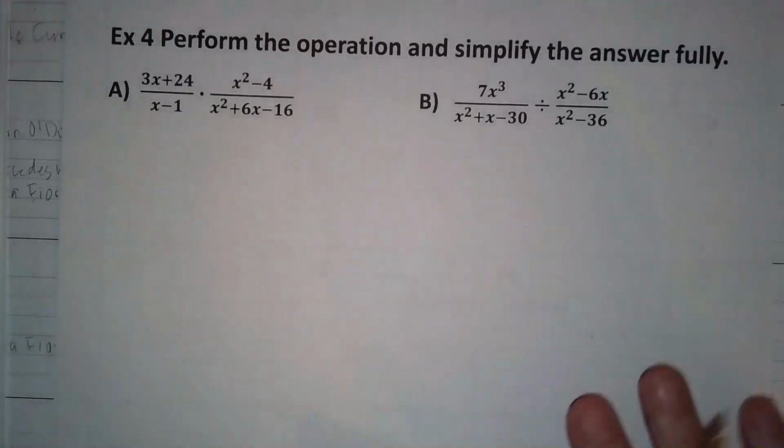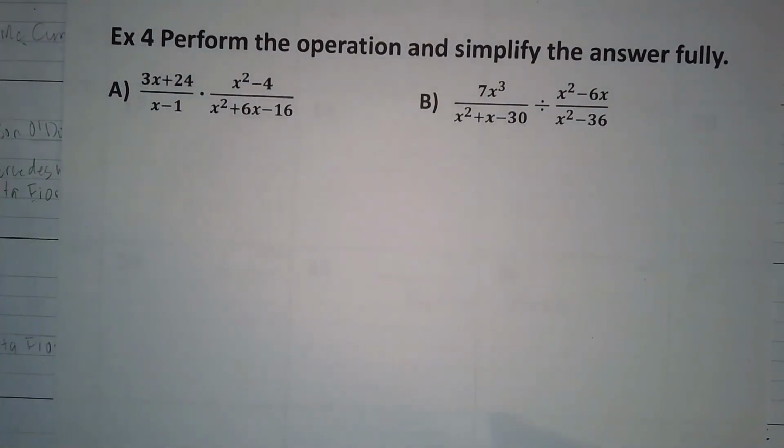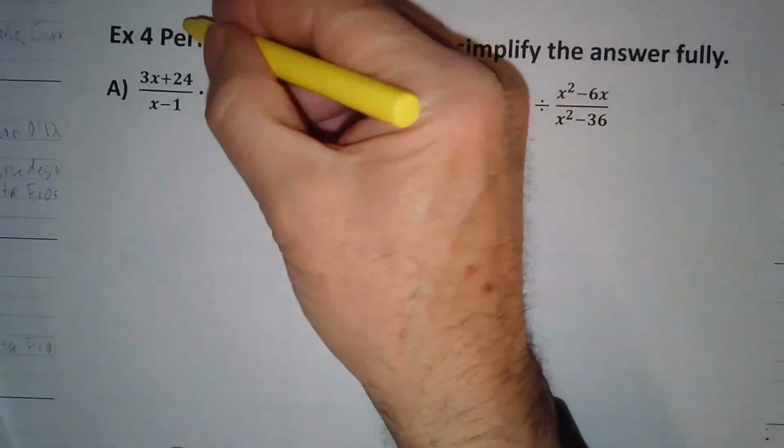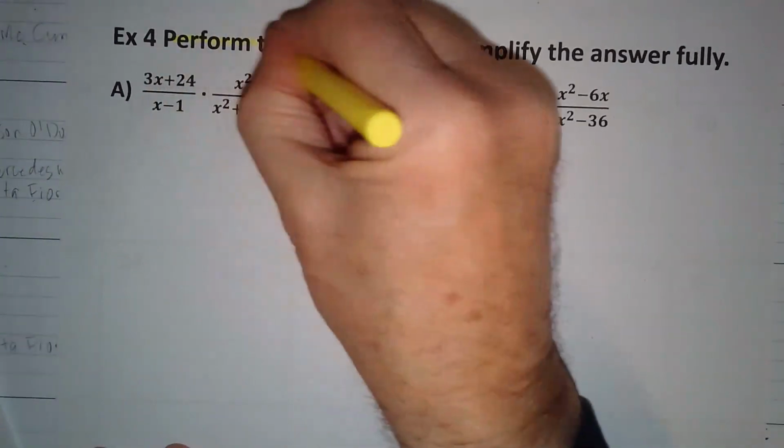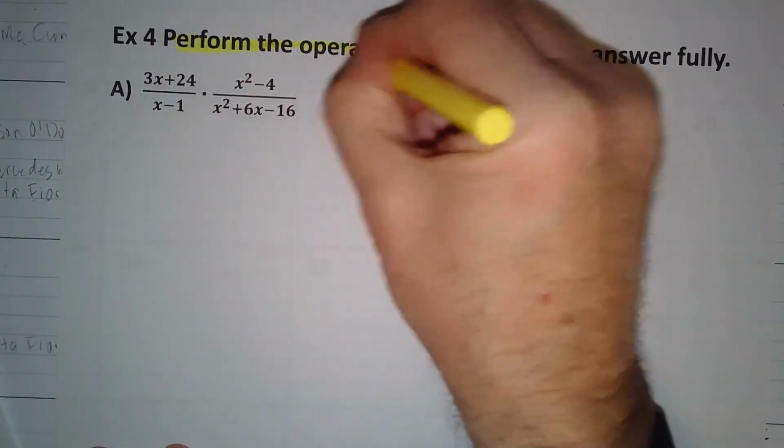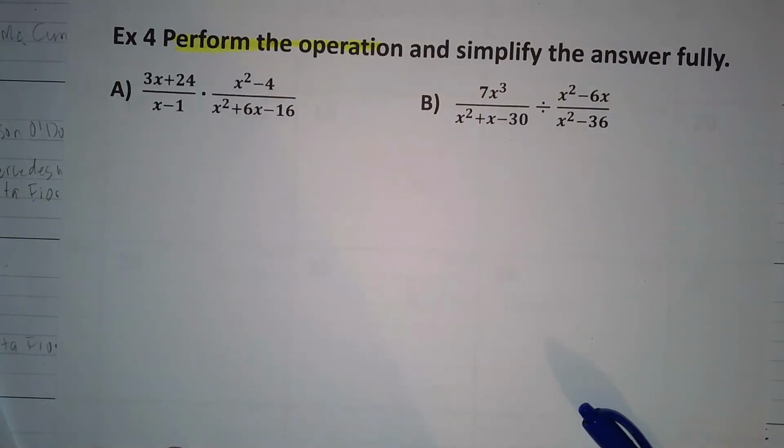All right. Looks like two left. So these are multiplication problems again. And what we want to do here is perform the operation that we see here, and simplify the answer fully.